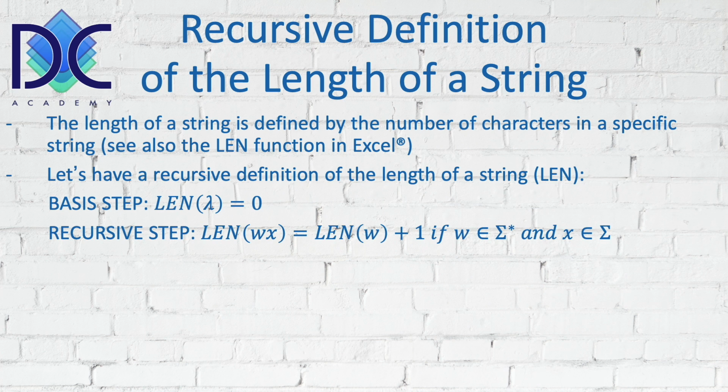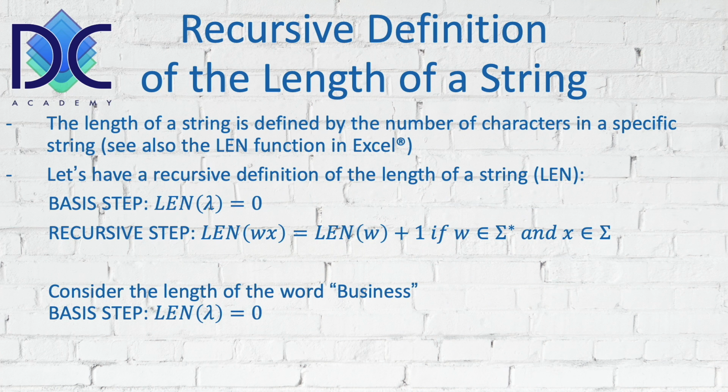Now, the recursive step: len(wx) is len(w) plus 1, if w is an element of sigma star and x is an element of sigma. So they are elements of the set of strings and of the alphabet respectively.